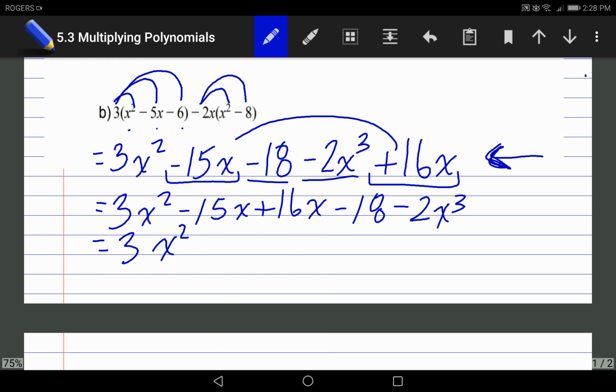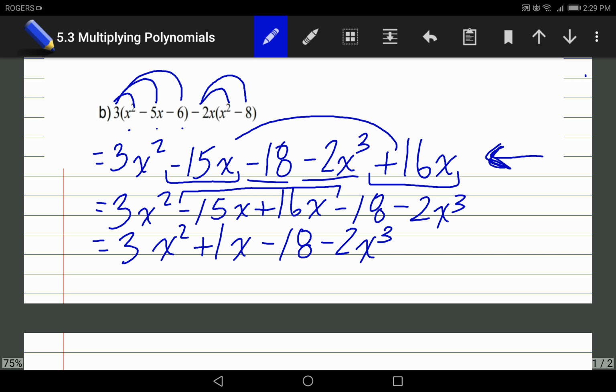Now, what's negative 15x plus 16x? Or what's negative 15 plus 16? It's positive 1, or plus 1x. Minus 18 minus 2x cubed. Can I go any further? No. None of those are like terms anymore.